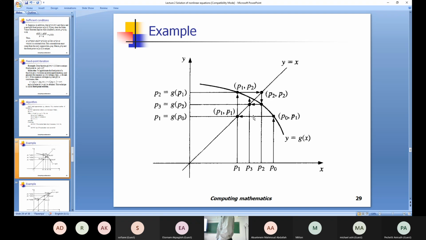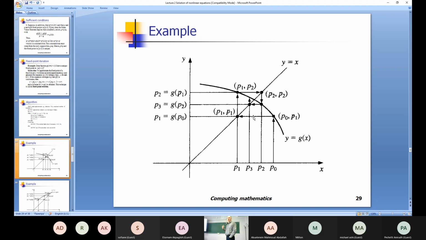What point can we take as the initial guess? 1 or 0. They are two very simple points for cosine, right? Let's take the first point, P0 equals 0.